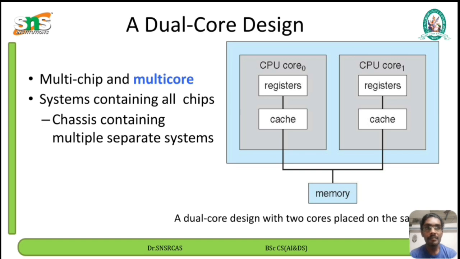But here there are multiple CPU cores, which is termed the multi-chip and multi-core concept. A system containing all the chips, in a chassis containing multiple separate systems, is actually faster than a system with multiple separate central processing units.